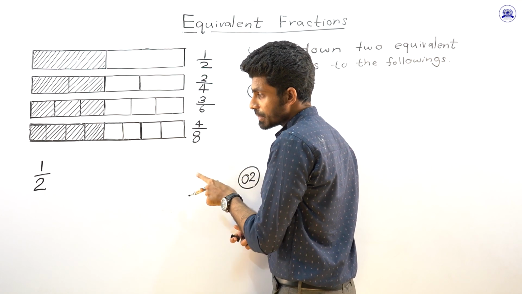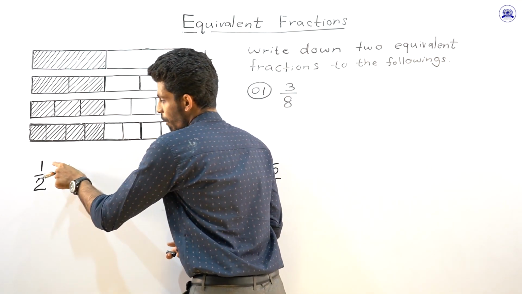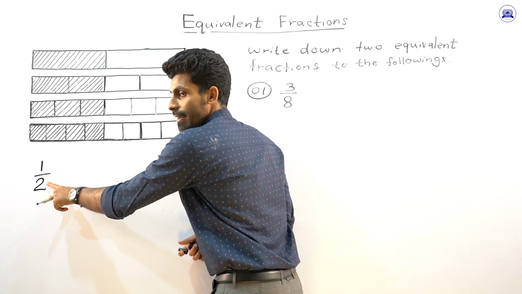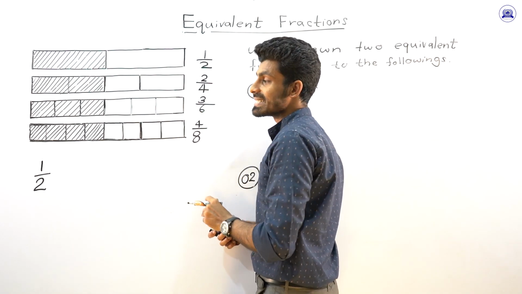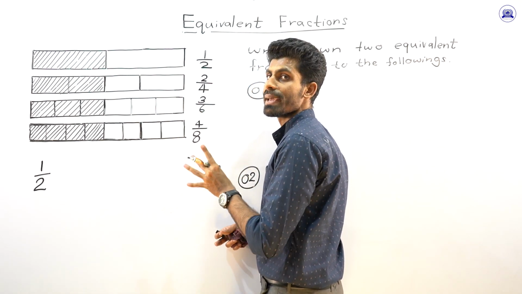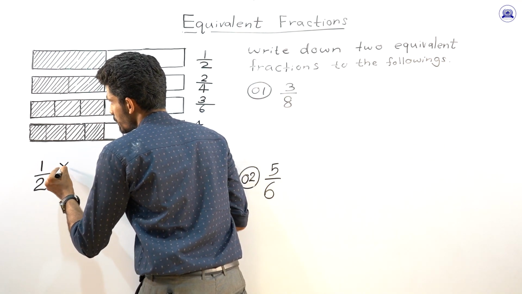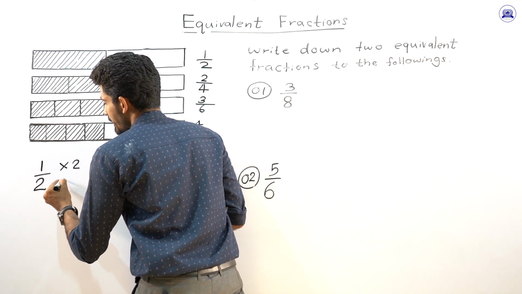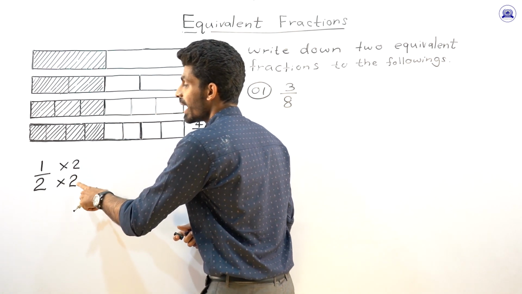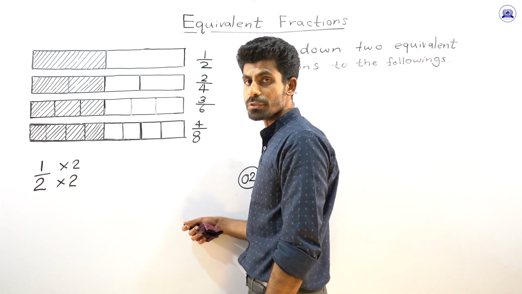Lamai, I'm going to multiply both the numerator and the denominator by the same number. 1 over 2: I'm going to multiply the numerator by 2 and also the denominator by 2.